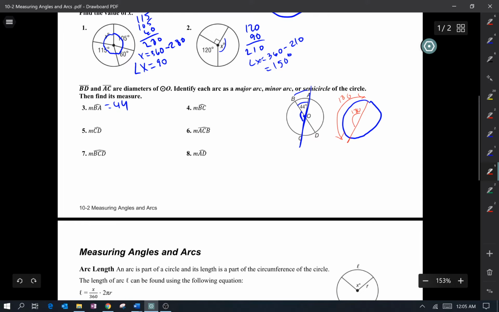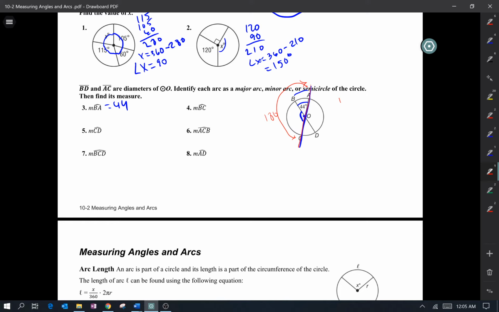It's a straight angle. So this arc right here is 180 degrees. So if AB is 44, then BC must be equal to 180 minus 44. So it must be 136, I believe. Check my math for me.